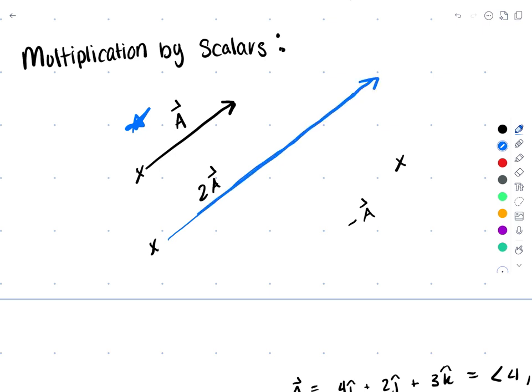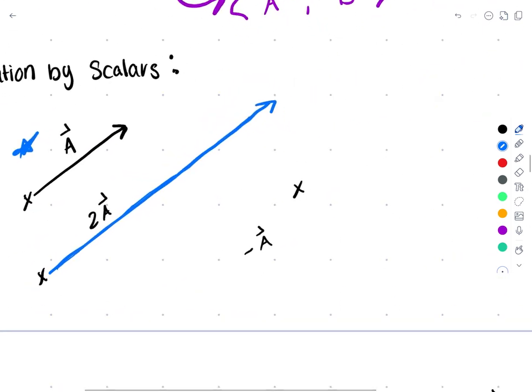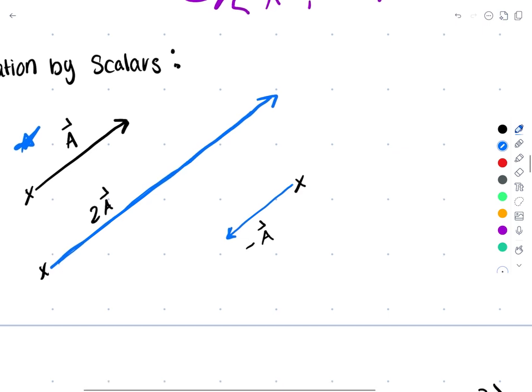That looks about right to me. And what if I multiply A by a negative? Then A will become the same length it was before, but in the negative direction. And that's all for multiplication by scalars.